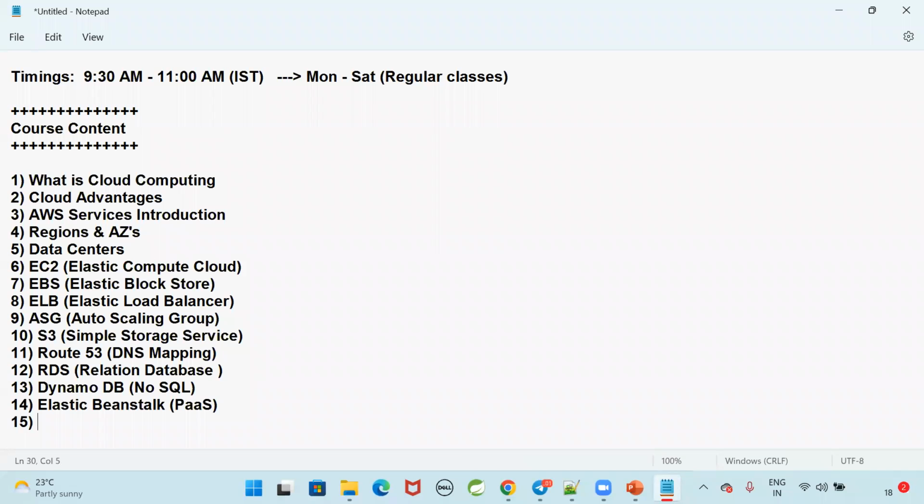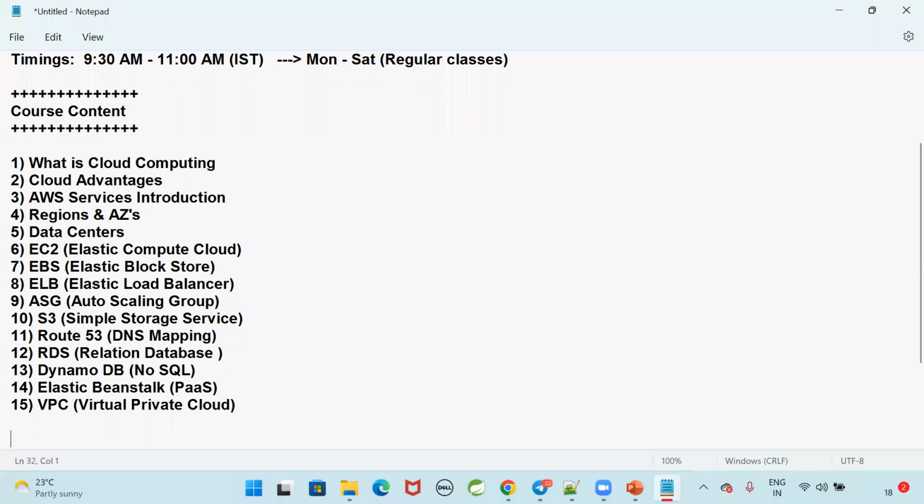After Beanstalk, we'll talk about VPC. VPC stands for Virtual Private Cloud. To set up an isolated network for our cloud resources, we are going to use this VPC.